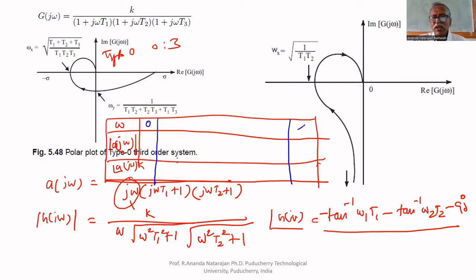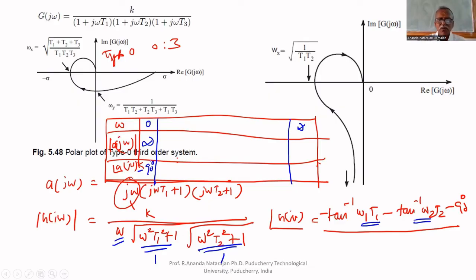First we find the values for omega equal to 0, then for infinity. Substitute 0: these terms become 1, and the omega term becomes 0 in the denominator, so the magnitude is infinity. For a type 1 system, the magnitude is infinity. For the angle, substituting omega equal to 0, the tan inverse terms are 0, but anyhow you get minus 90.